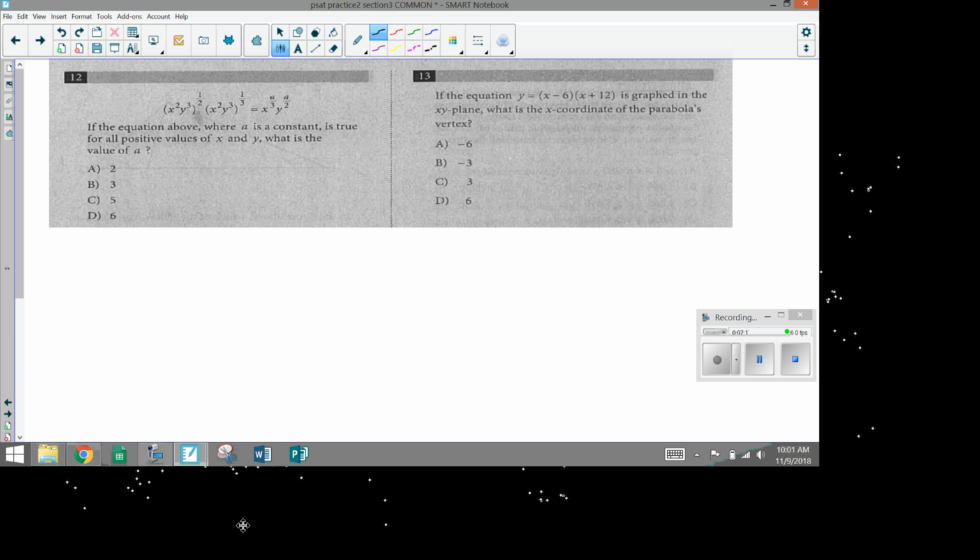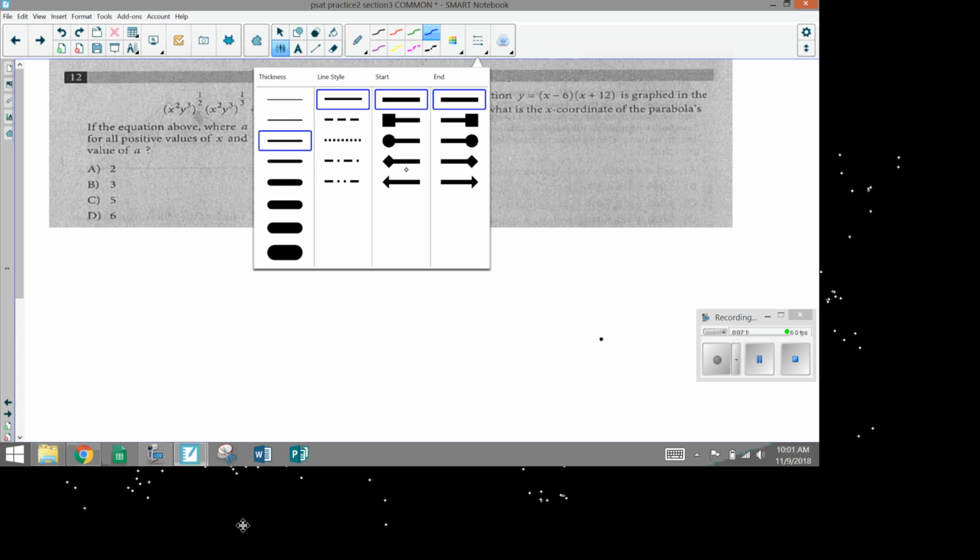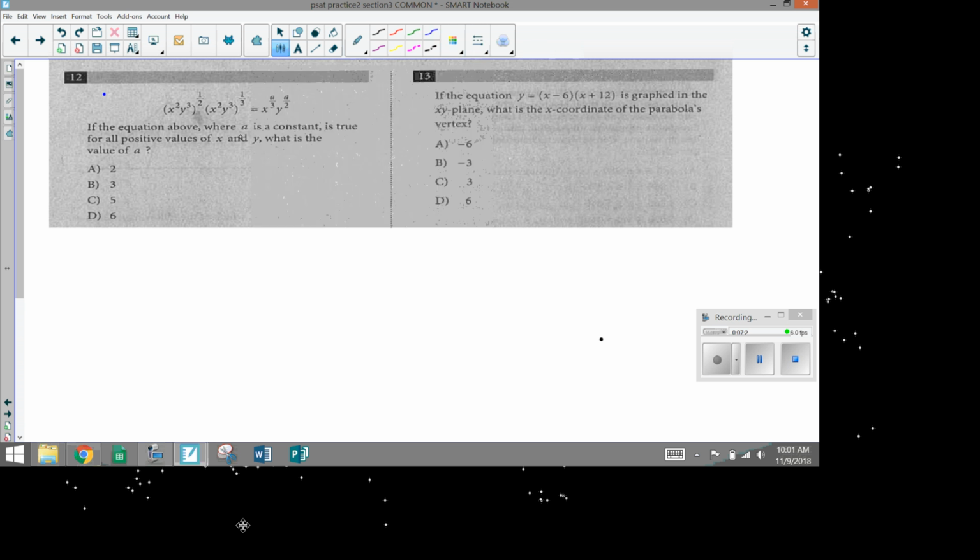Now, as you see, the exponent is 1 over 2, and there is another exponent. So x squared and 1 over 2. I'm going to multiply exponents, and that exponent will affect both x and y.